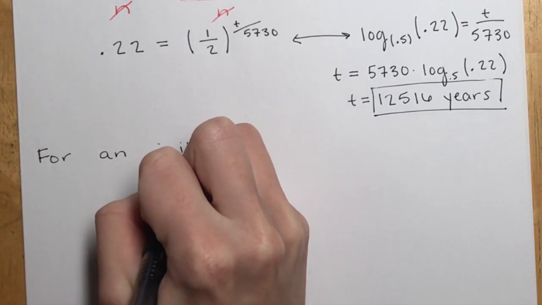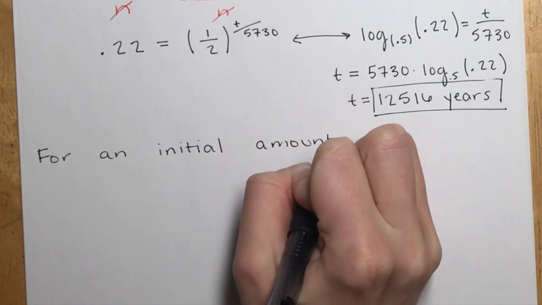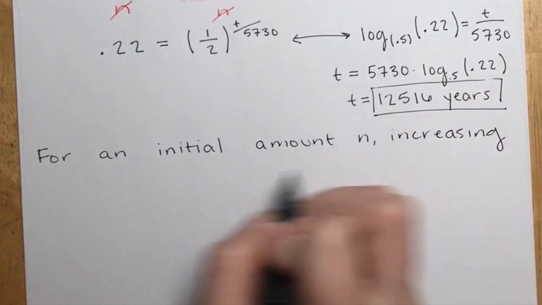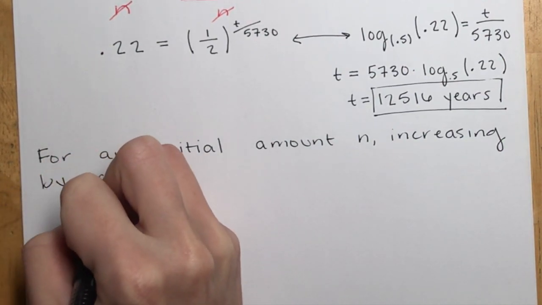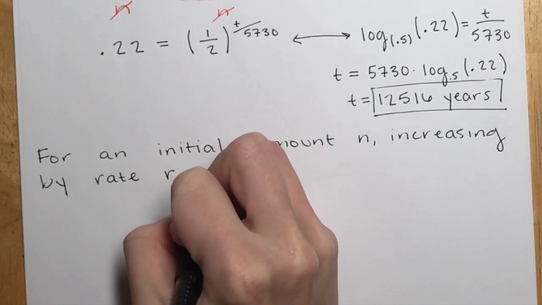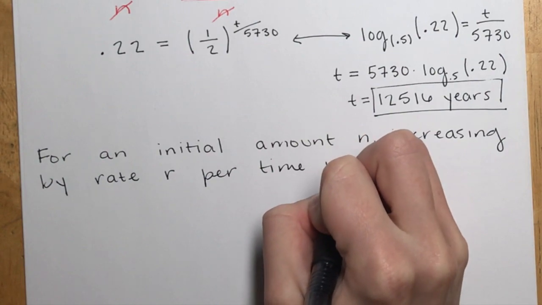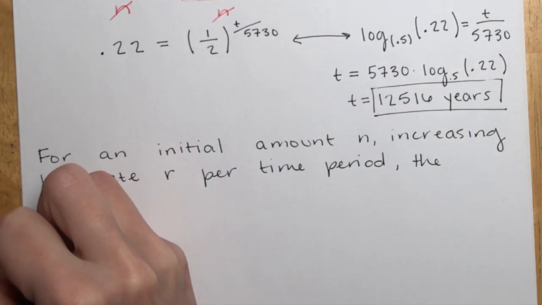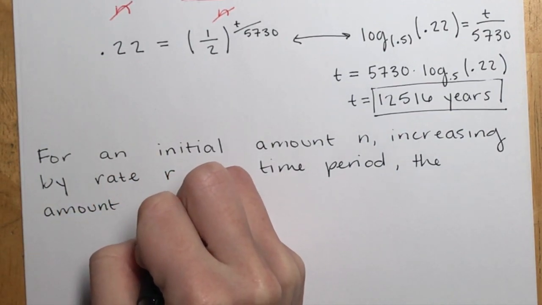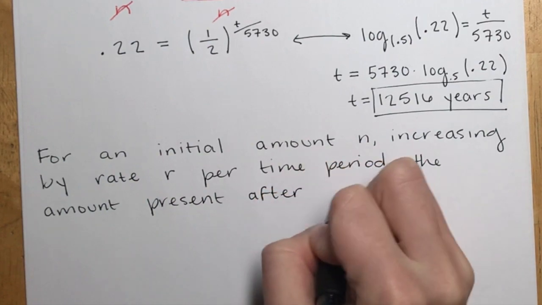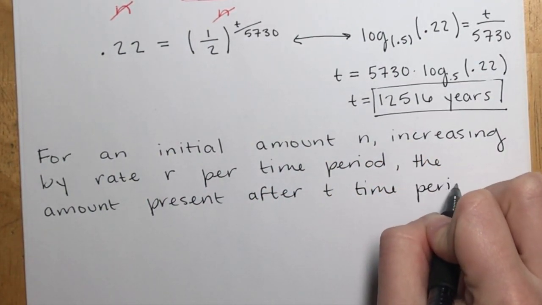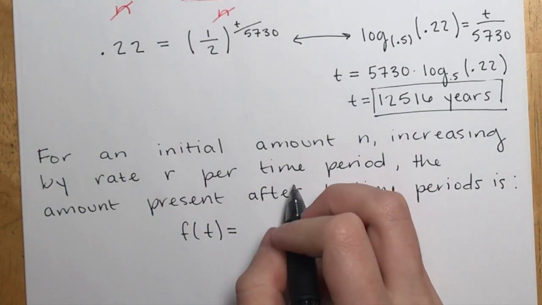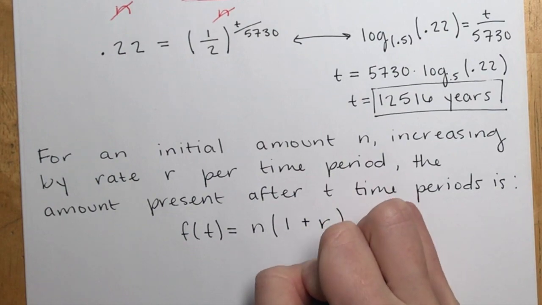For an initial amount n increasing by rate r per time period, the amount present after t time periods is f of t equals n times (1 plus r) to the t.